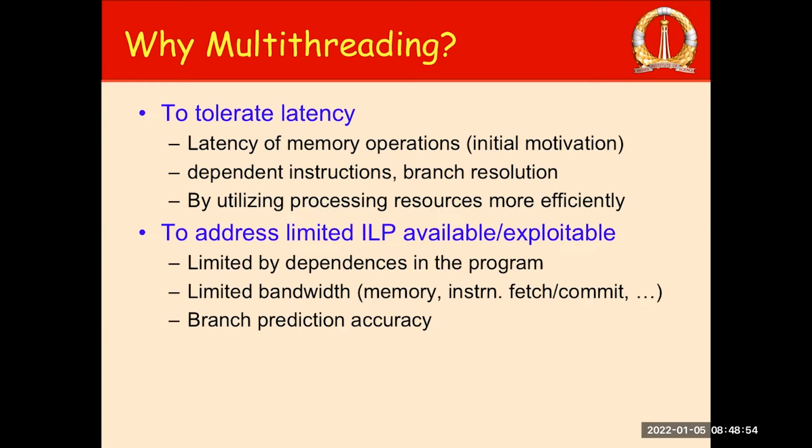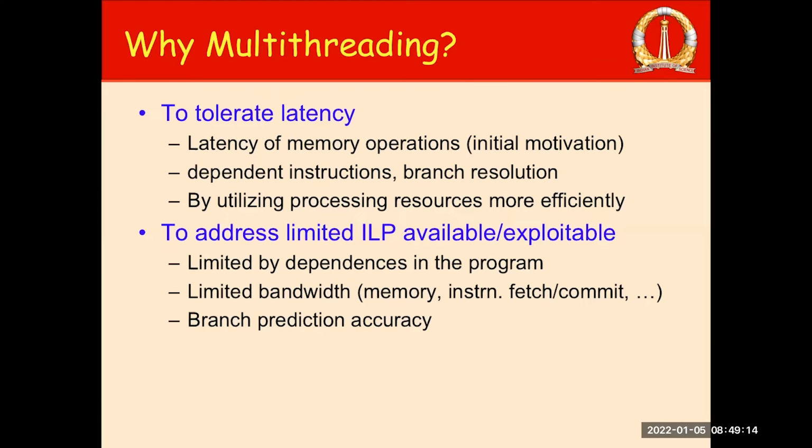The other reason why multi-threading was introduced is that as people started building more complex superscalar processors, they also found that the extent of instruction level parallelism which can be exploited by superscalar processors is still limited. This is limited for various reasons.